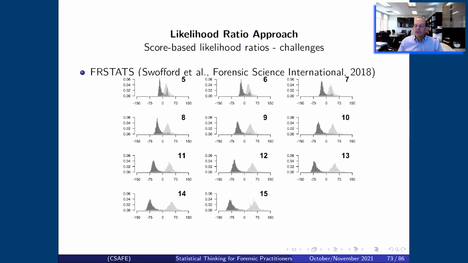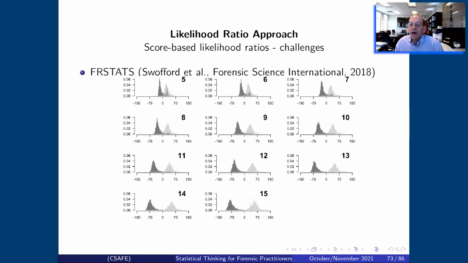So here's a case where, and this often happens, the same source distribution is pretty common for the score, but the different source varies a lot, and it varies in ways that we may want to pay attention to. In this case, I would argue strongly that if you're going to do something based on a score, you need to condition on, or think about, or build separate approaches for different numbers of minutiae.